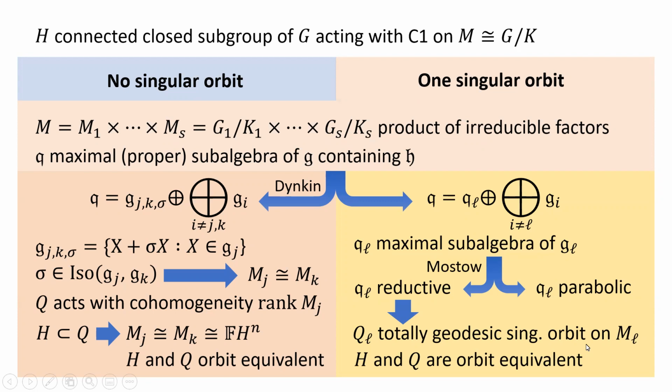Okay, so in particular, it doesn't act transitively. So the same happens with Q instead of QL. And so again, H acted with cohomogeneity 1, Q doesn't act transitively, so both actions must be orbit equivalent. Okay, and if you remember, I said before that these actions with totally geodesic singular orbits had been classified using duality of symmetric spaces by Berndt and Tamaru. So here we have a complete list. So this case again is well understood.